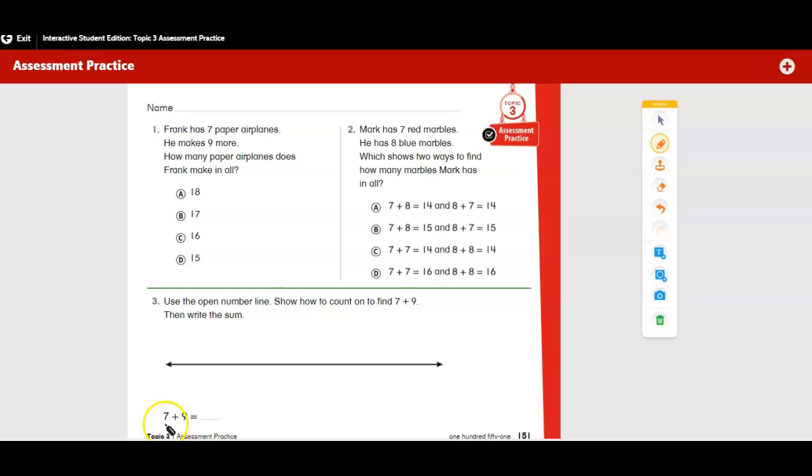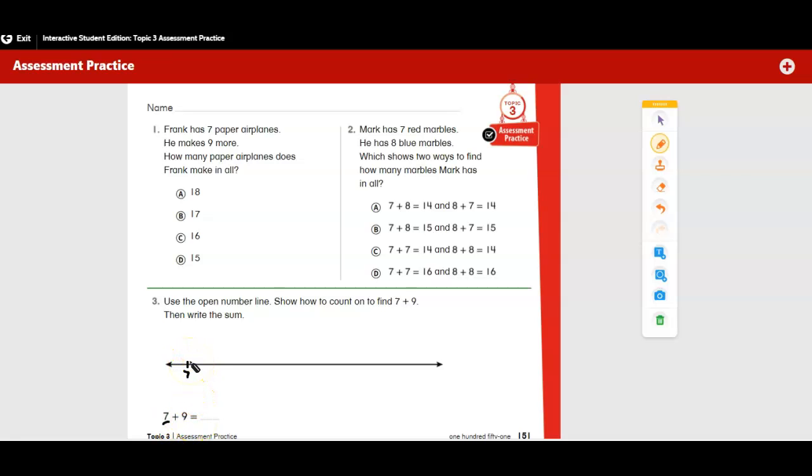With an open number line, we are going to start with our first addend. So, you will plot the number 7 on the open number line, and now you need to show how you would count on 9 more to find your total, because we are wanting to find what 7 plus 9 equals.